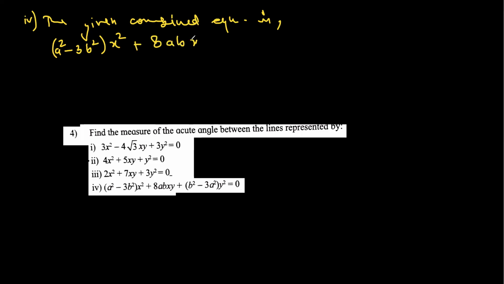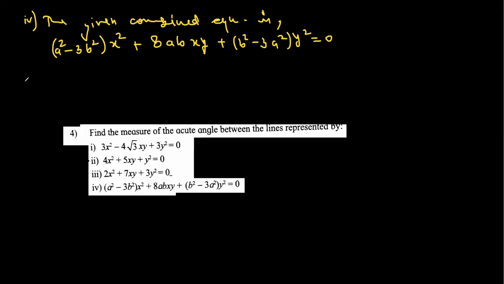The given combined equation is a square minus 3b square x square plus 8ab xy plus b square minus 3a square y square equal to 0.